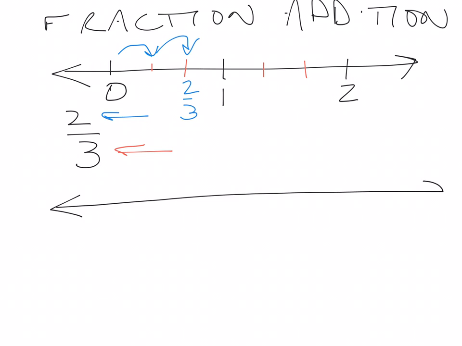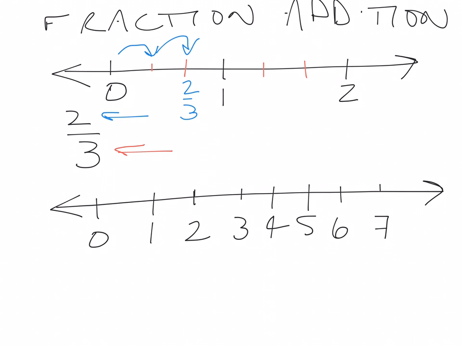And then to add on the number line, let's consider adding whole numbers. We're comfortable with adding whole numbers. So we place our whole numbers on the number line. 5, 6, 7, and let's say I wanted to add 2 plus 5.